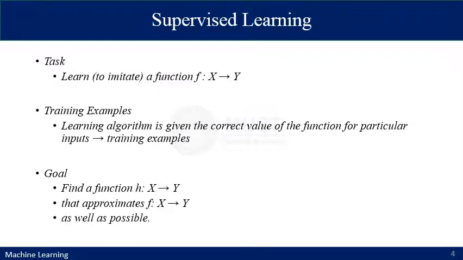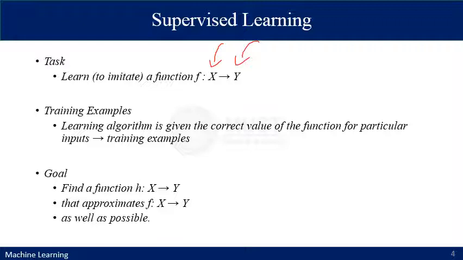So let's recall our first definition of supervised learning. In supervised learning, we had the task to learn from examples to imitate a function that is dependent on the input data and results in some output labels. So the task of supervised learning is to learn a function that accurately predicts the data to the target value.